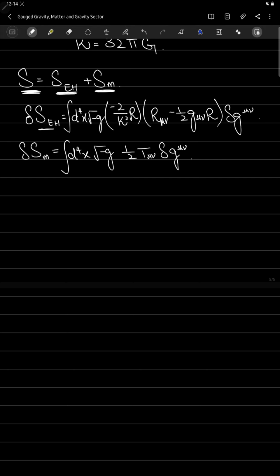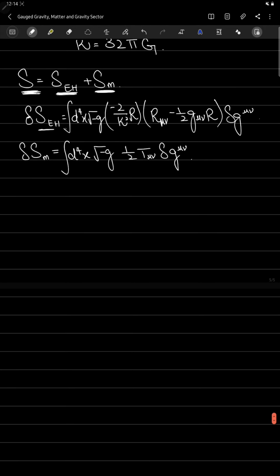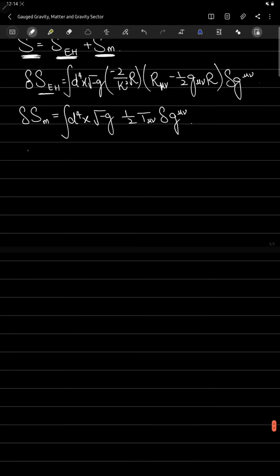Okay, now if I use these, I can easily get the equations of motion from this equation by setting the change in action equal to 0.